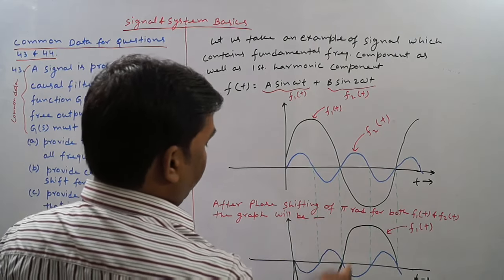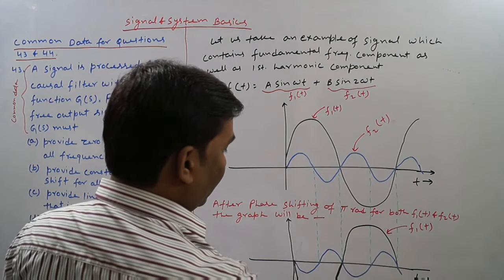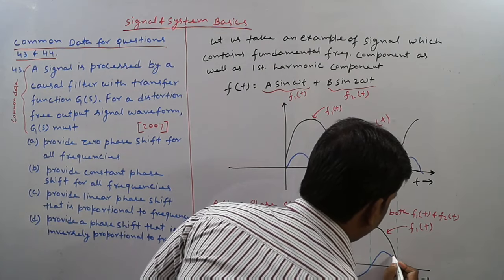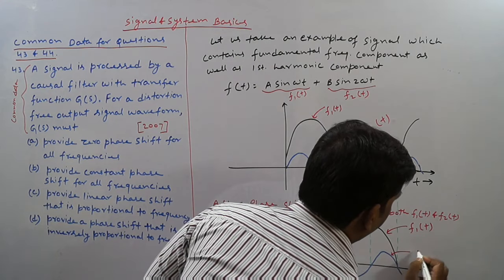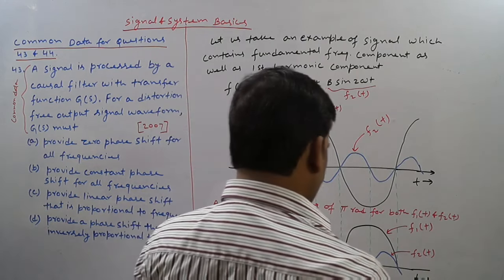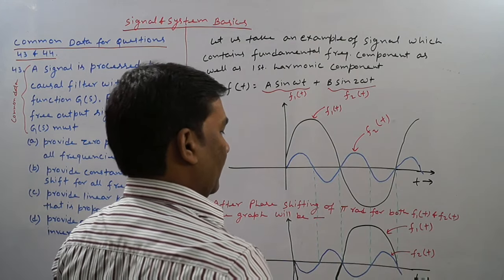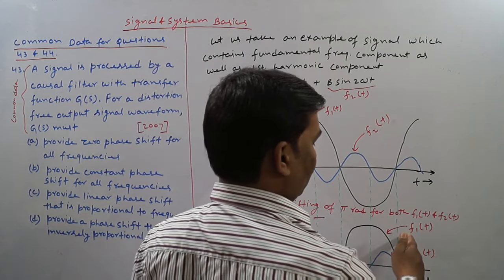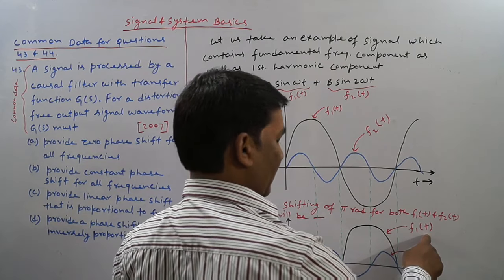But for F1t, this is F2t. Let me write here, this is F2t. So this is F2t after shifting, and this is F1t after shifting.